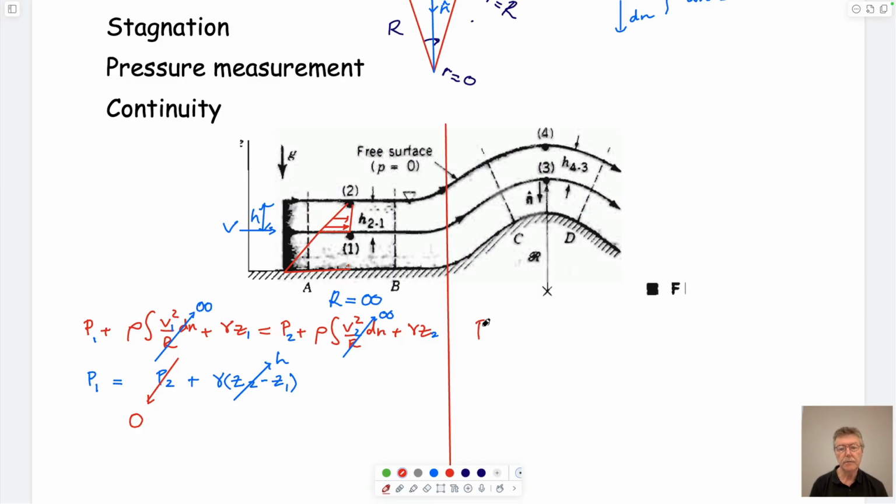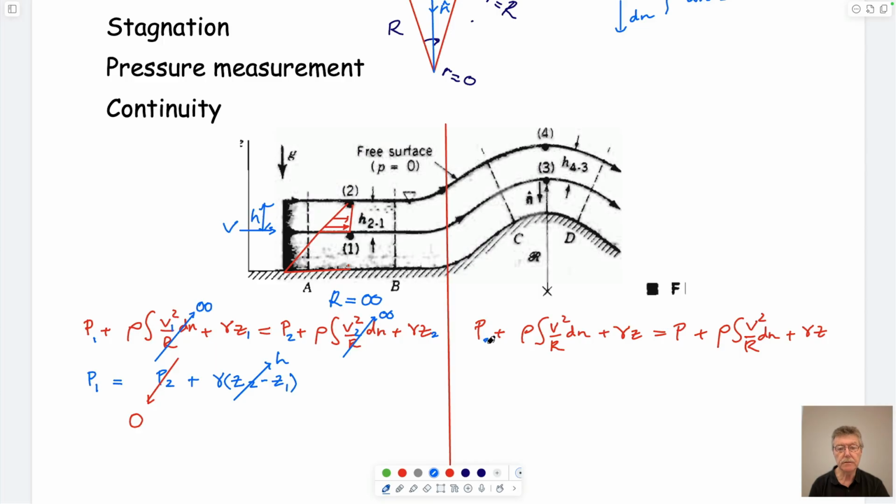Let's write it again. P plus rho integral V squared over uppercase R dn plus gamma Z equals P plus rho integral V squared over R dn plus gamma Z. Same as before, but not 1 and 2.